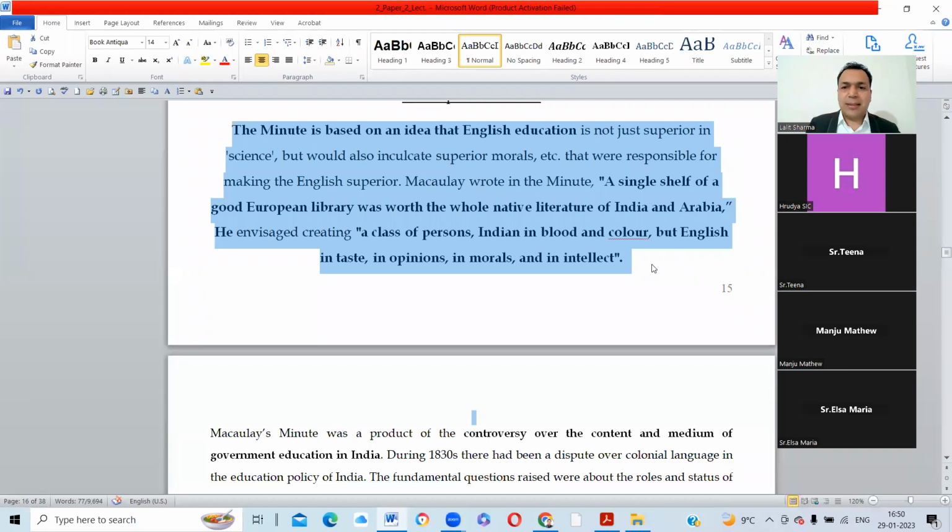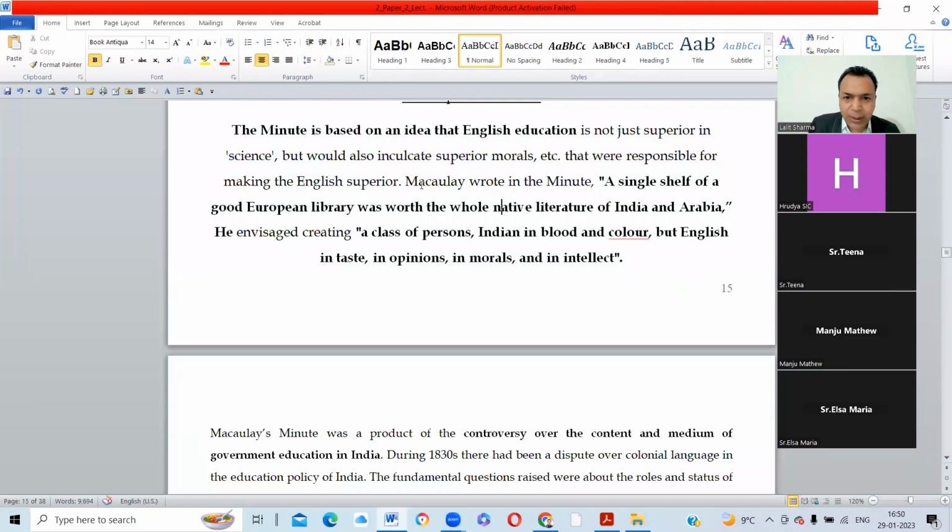You can see that, guys. Okay, how the British ruled over us. First, they vanished our philosophy, culture, each and everything, and they criticized our history. See what Macaulay wrote in the minute, you can see here.